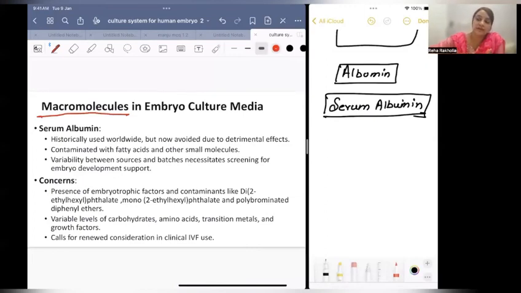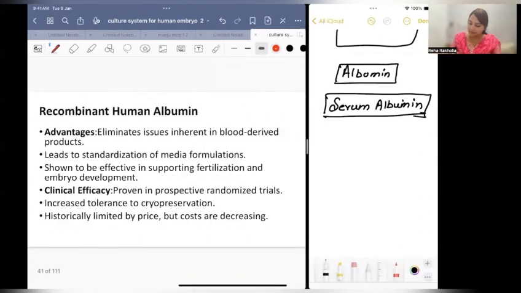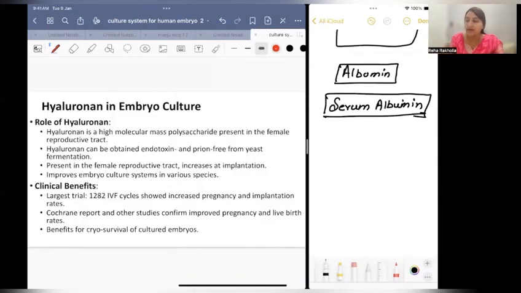Second is hyaluronan. It improves the culture system and it has a clinical benefit in cryopreservation. The survival rate increases, and trials also showed that pregnancy rate, implantation rate, and live birth rate increase after hyaluronan is used in the culture media.